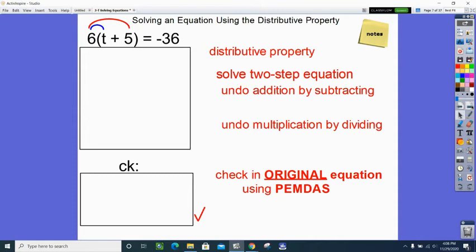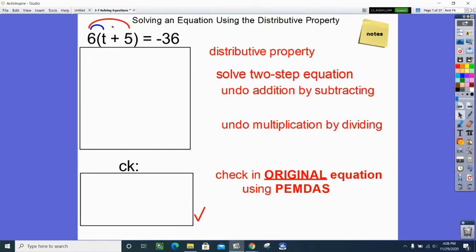So we're going to start by putting the distributive property back into our equations, which we have done before, like I said, in earlier grades. But right now, how do I know there's going to be distributive property, Mrs. Woodruff? It's the parentheses. So when I see those parentheses in my equation, I don't start doing anything else. The first thing I'm going to do is multiply that 6 times the t plus 6 times the 5.